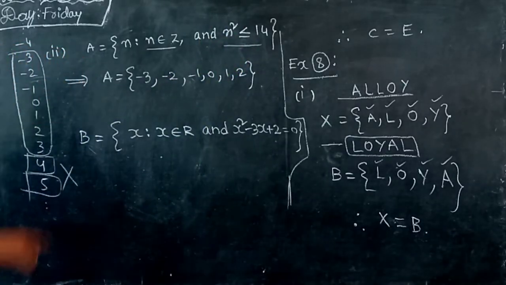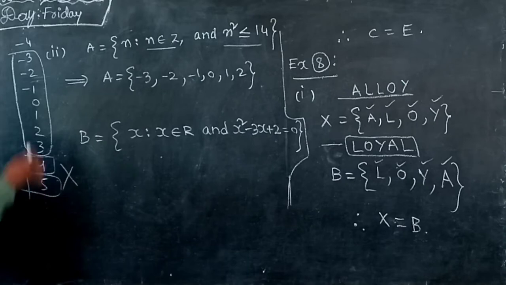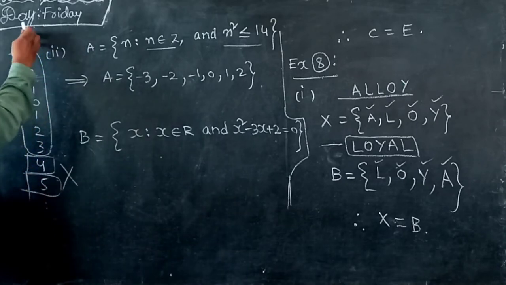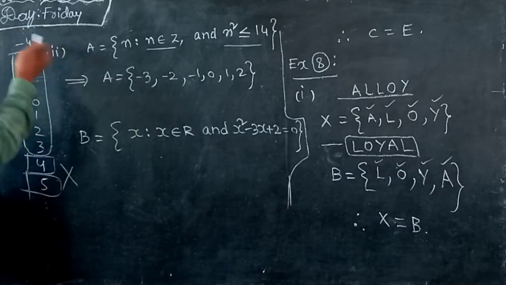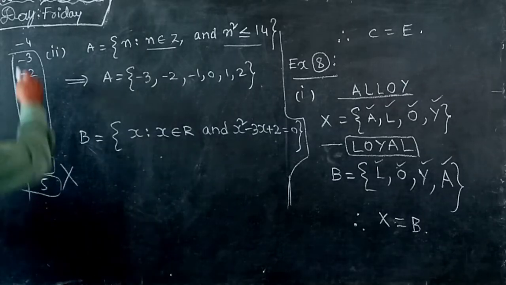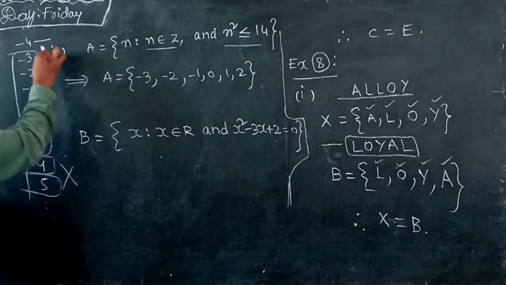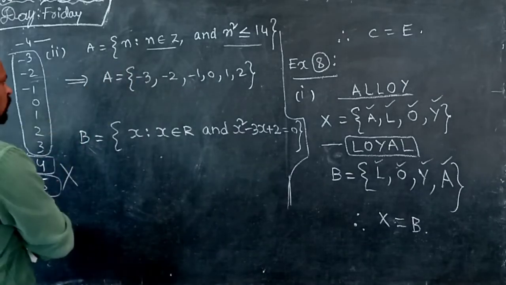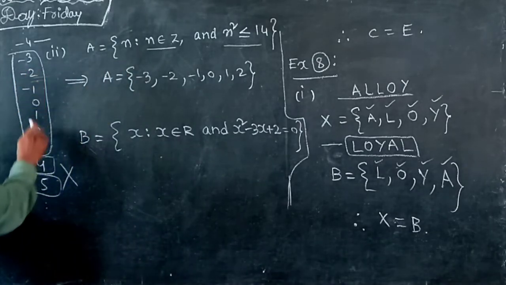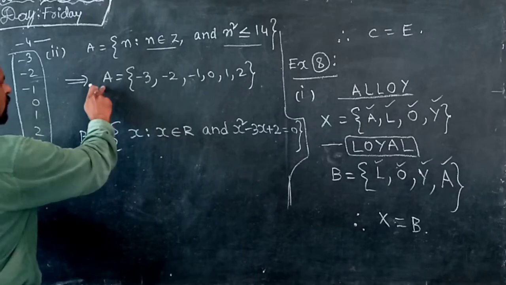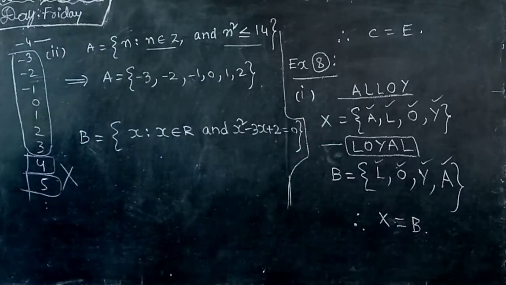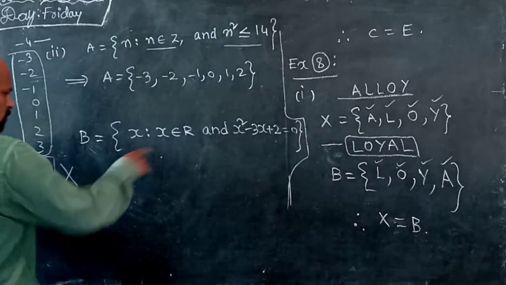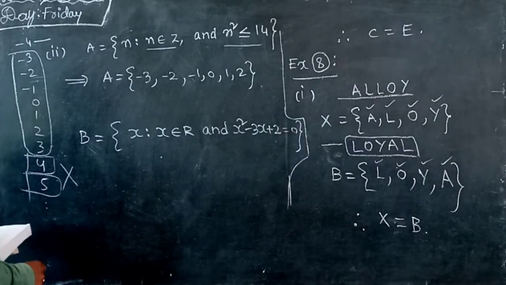So based on that, I need to take all the elements. The other elements, if I square, will become more than 14, so I will not consider them. So writing all these elements in the set form, I will be getting the elements in A. Now all the elements in set B you will see.